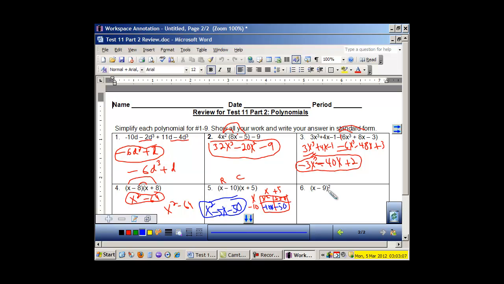Number 6, hello. This is squared out, so we're just going to double it. Over here I got x minus 9, and then all we're going to do is put it in a box. X minus 9 is my row, x minus 9 is my column.